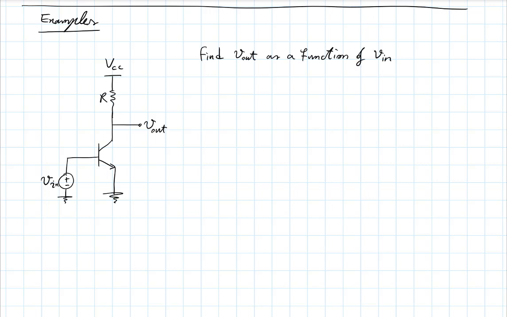Let's call it V in for consistency. So I'm looking for a graph like this. V out is the voltage at that node with reference to ground. V in is the voltage I've applied here.